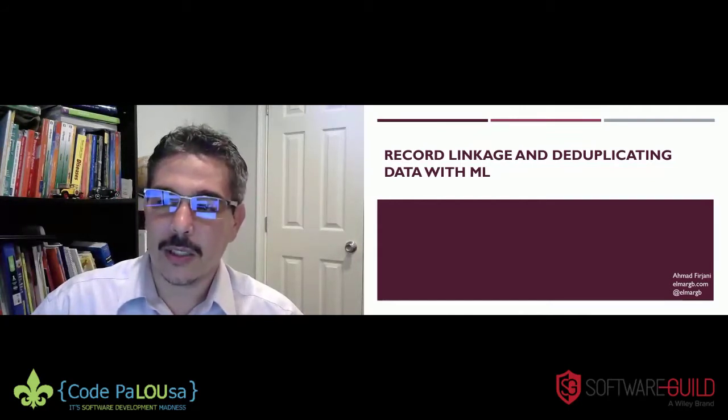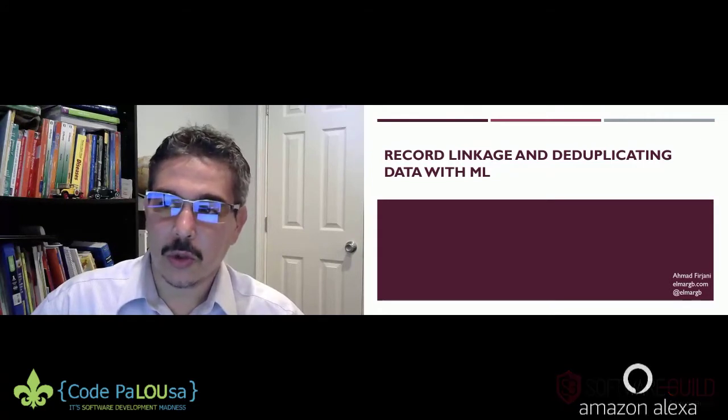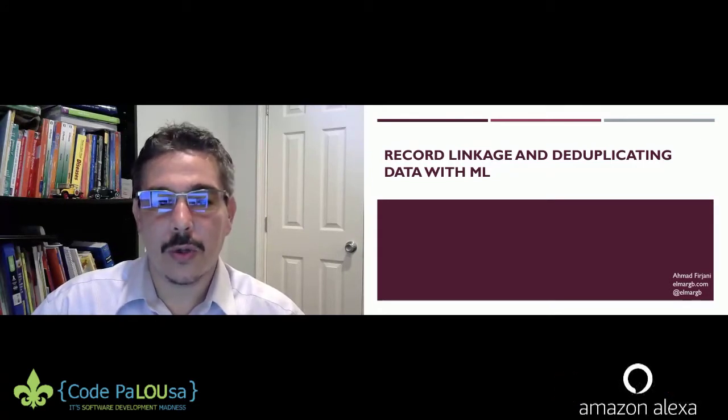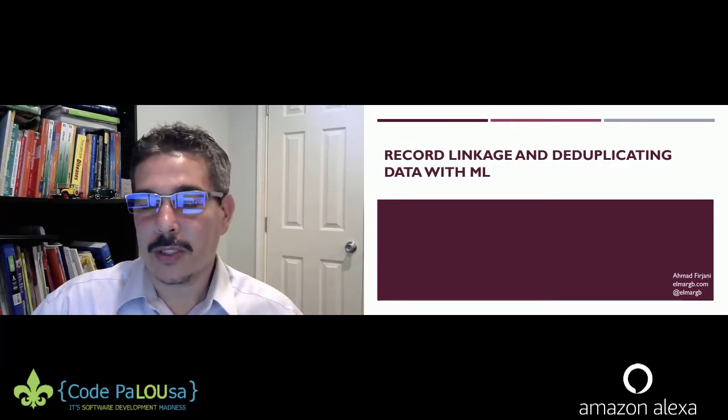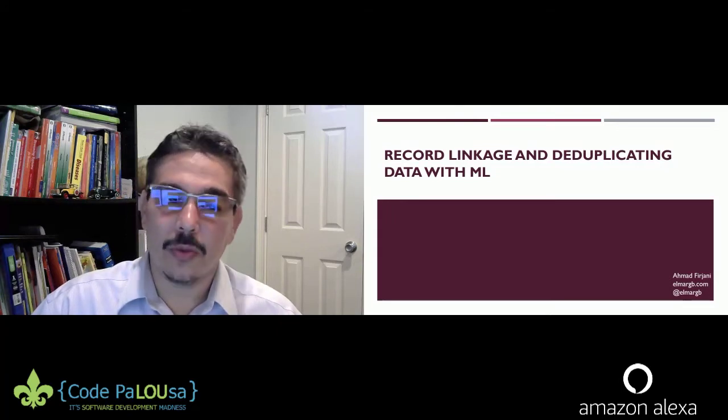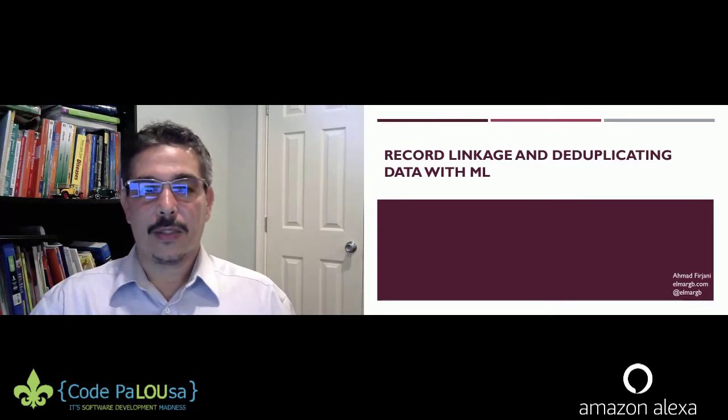So we go with the basics of it. We will show some coding, and we will go through examples of how this works. And I hope this will be a good introduction for everyone who doesn't have an idea about data linkage, deduping, and string matching.